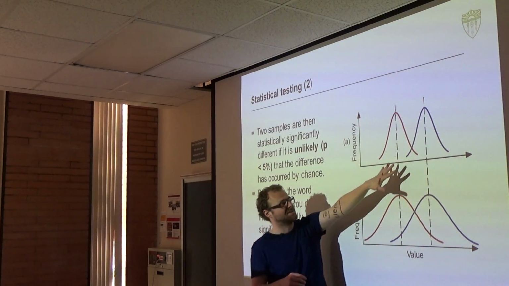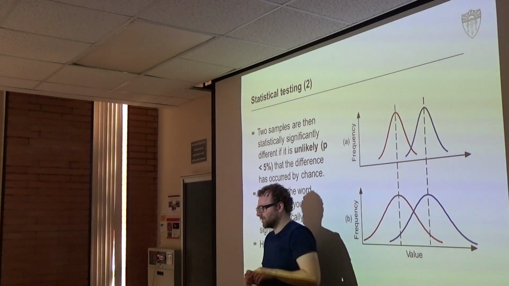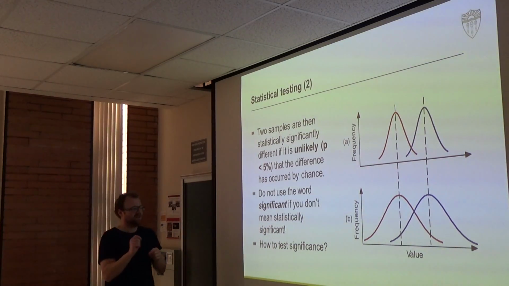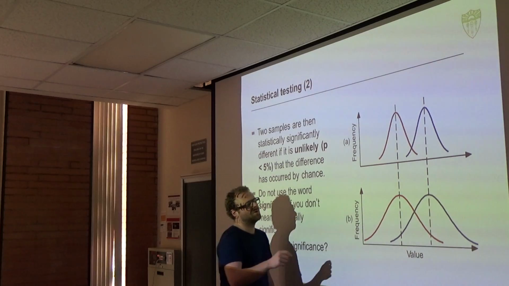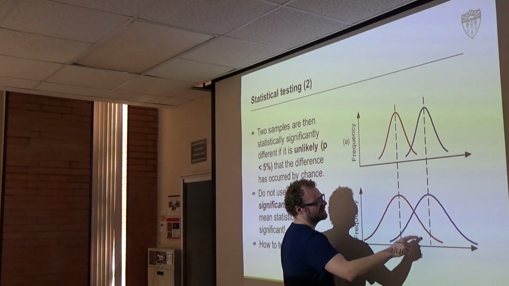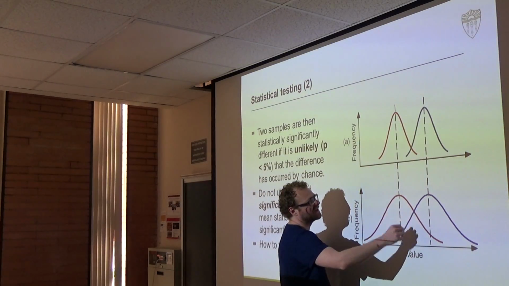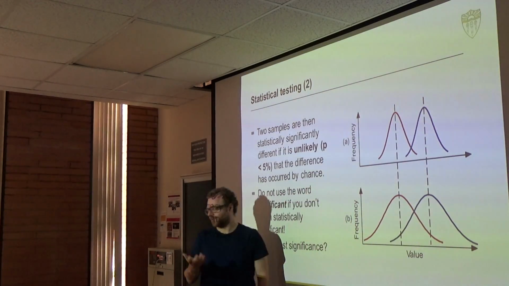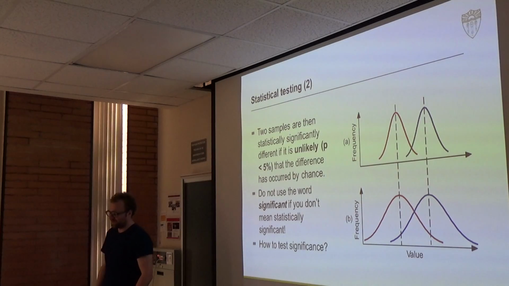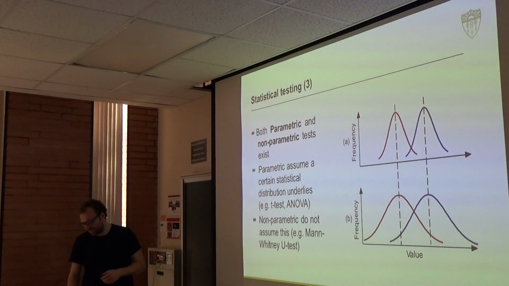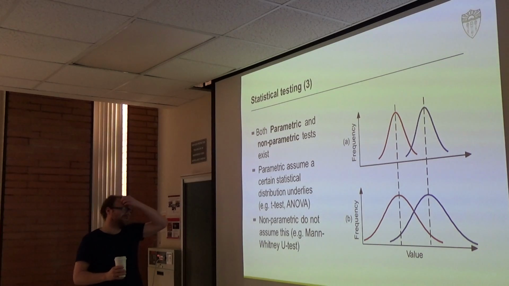You would say that these are significantly different while these two are not, because if you sample randomly from one or the other distribution, you probably end up somewhere in the middle like 20% of the time, while here you would hopefully only end up in this overlap like 0.5 or 5% of the time.